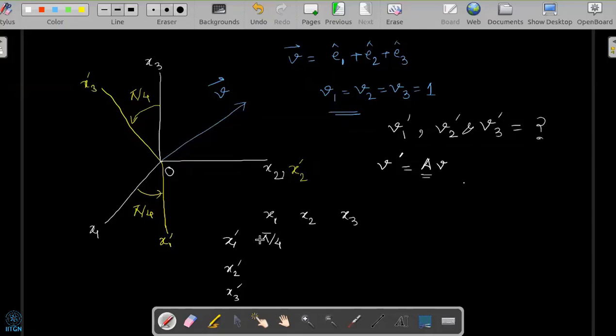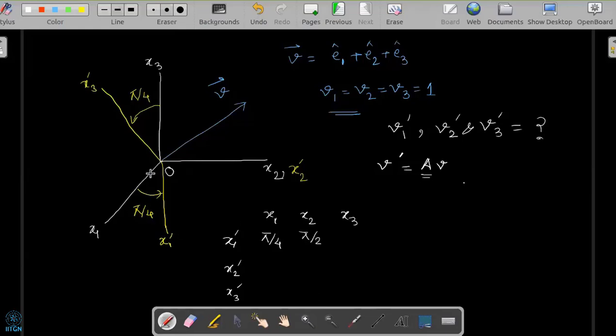Can anyone give the answer? Pi by 4 plus pi by 2? Angle between x1 dash and x2, think about it. It's pi by 2 because it is perpendicular.